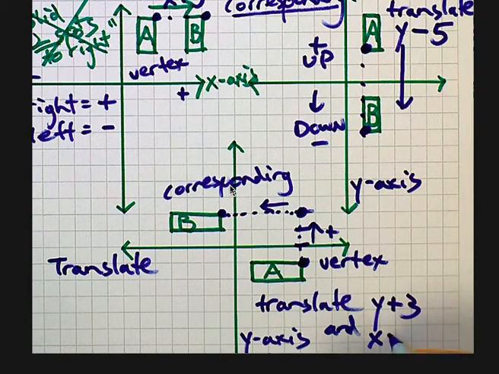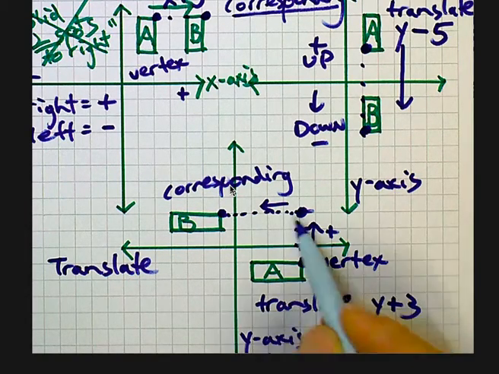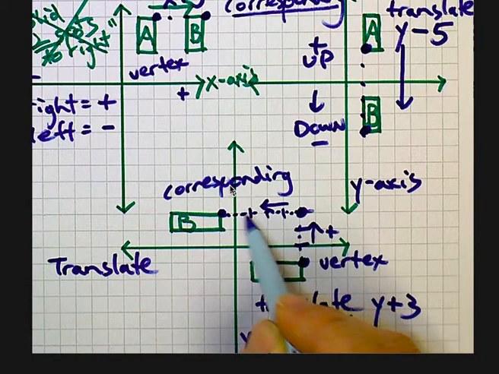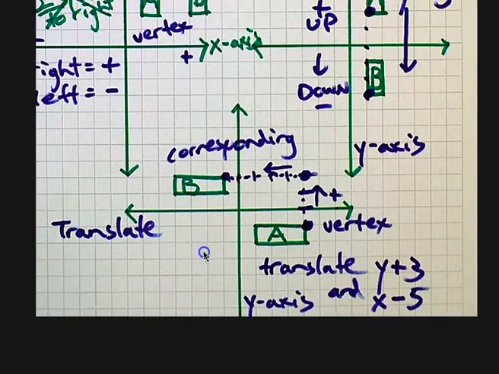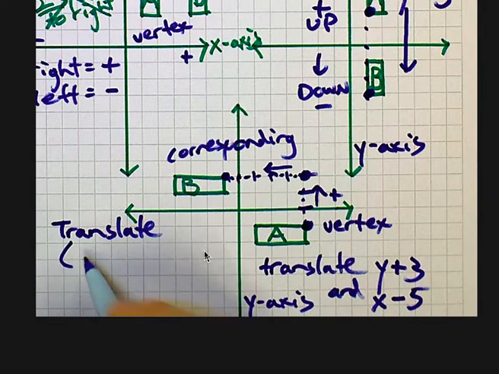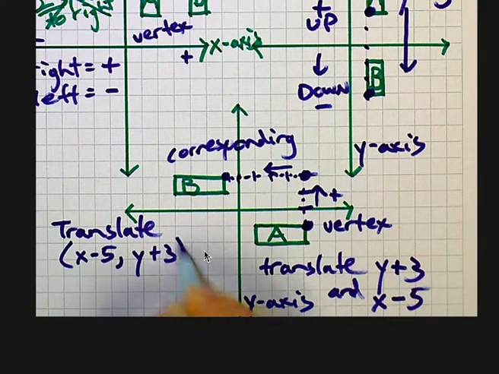And it's going left. 1, 2, 3, 4, 5. And we can actually put that in terms of ordered pairs. We could say translate x minus 5, y plus 3. We could write it just like that.